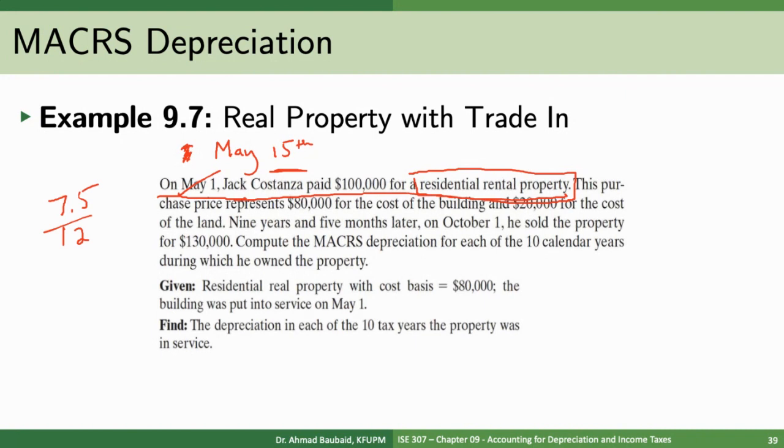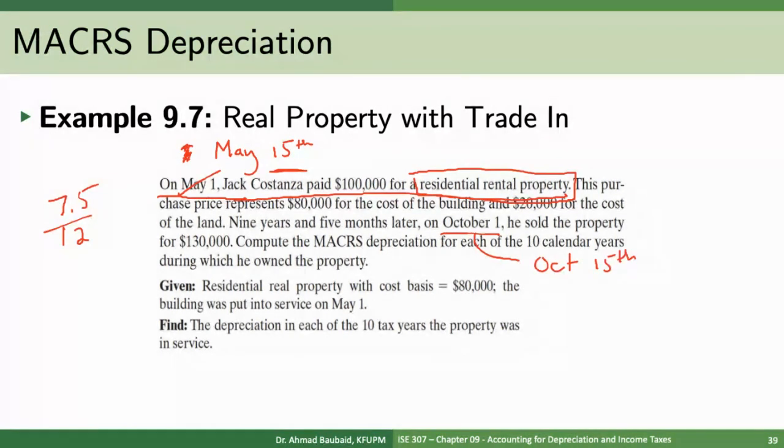A similar thing happens when you sell the asset. Here the asset is sold 9 years and 5 months later, on October 1st. So this is the date of sale, in some other year, 9 years after the year of purchase. Again, for tax purposes, I'm going to assume that this is October 15th. If I sell the asset, I own it from the start of the year in which I sell it until it leaves my hands, right?